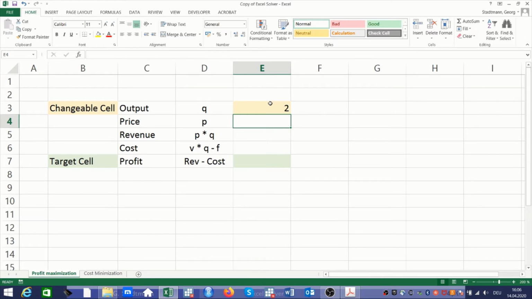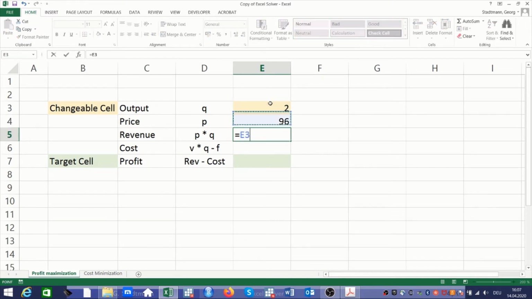In the end, this is the changeable cell, so Excel should change the quantity, and then everything else that follows will also change. The price is given by this relationship, 100 minus 2 times the quantity. So 100 minus 2 times E3 gives you the price, and now the price should be equal to 96.